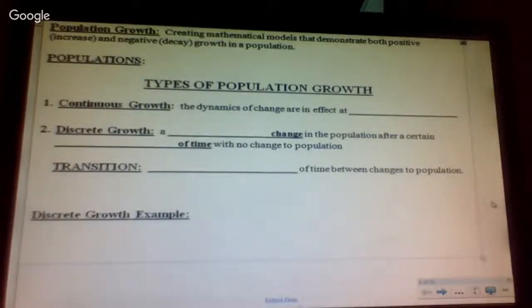Populations can be humans, any type of animal, a plant, or bacteria. You do deal with geometric sequences in biology and the growth of bacteria.